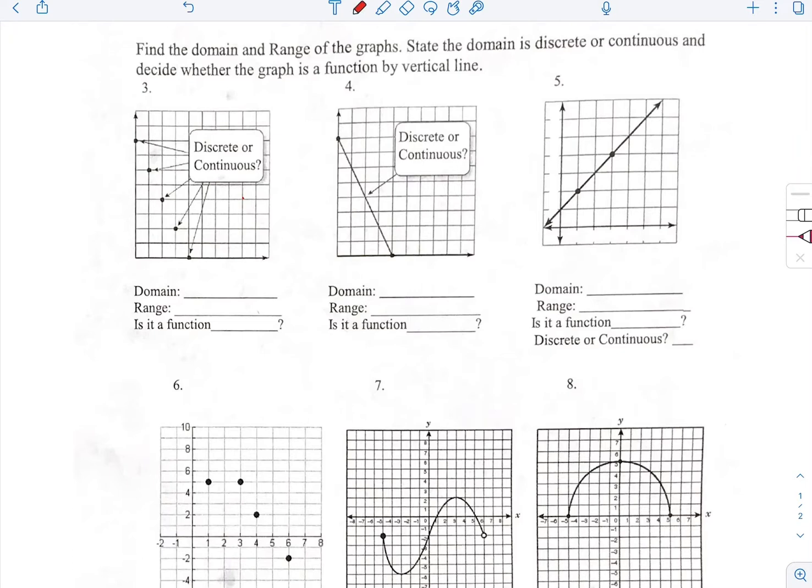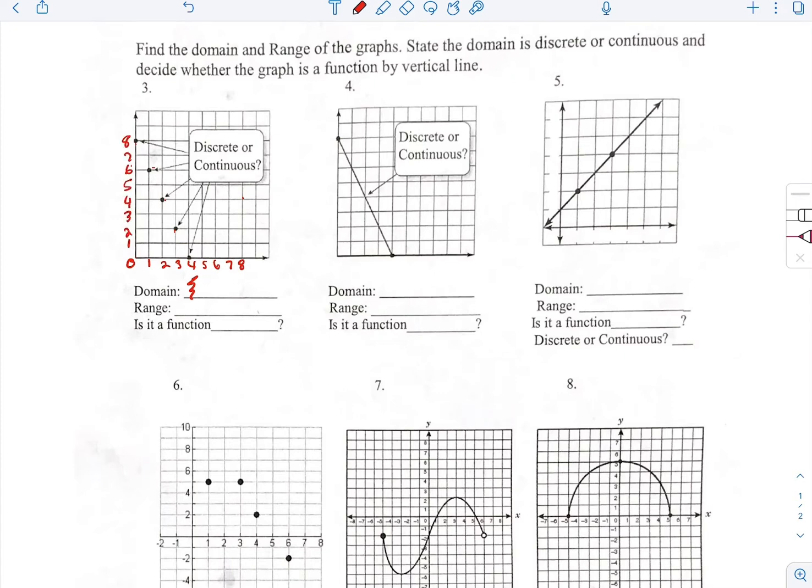Looking at number 3, remember to determine our domain, we're just looking at each point. Looking here, this is our origin right here. This is 1, 2, 3, 4, 5, 6, 7, 8. This is 1, 2, 3. If it helps to label, do that.